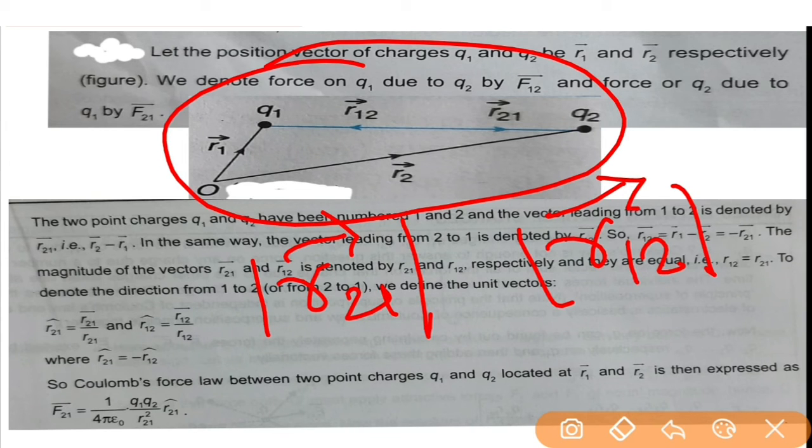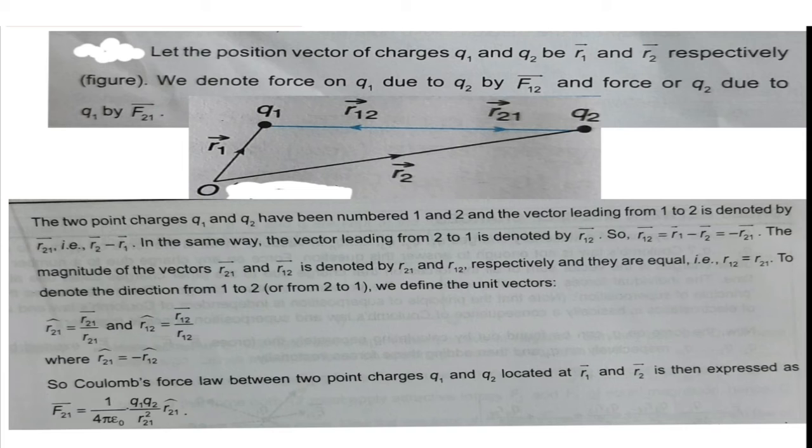These are equal, because from this figure this is the fixed distance between q1 and q2. The only difference is that the directions of the two vectors are different, but the magnitudes are the same: mod of r21 vector equals mod of r12 vector.